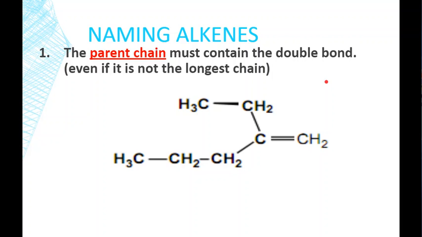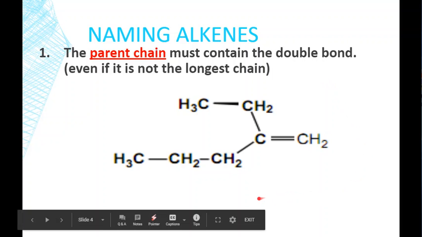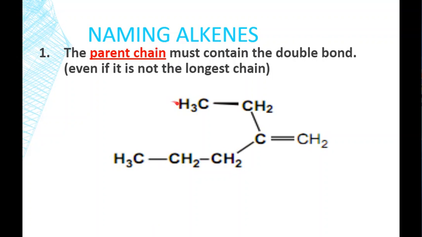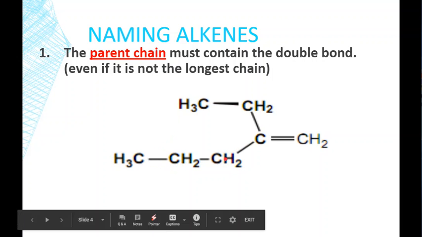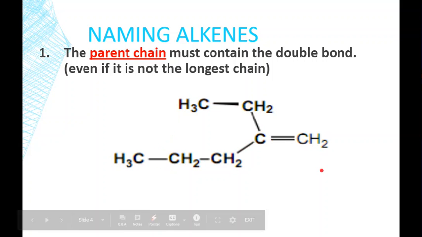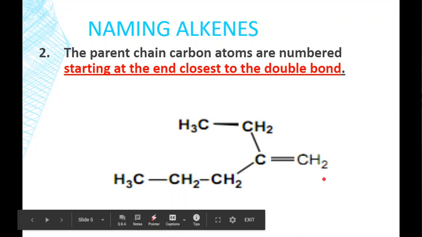In the case of alkenes and alkynes, you have to have the longest chain that has the double, or in the case of alkynes, triple bond. So the longest chain is not going to be 1, 2, 3, 4, 5, 6 hex. It's going to be 1, 2, 3, 4, 5. Okay? So for the parent, I'm going to start numbering at the closest end to the double bond.